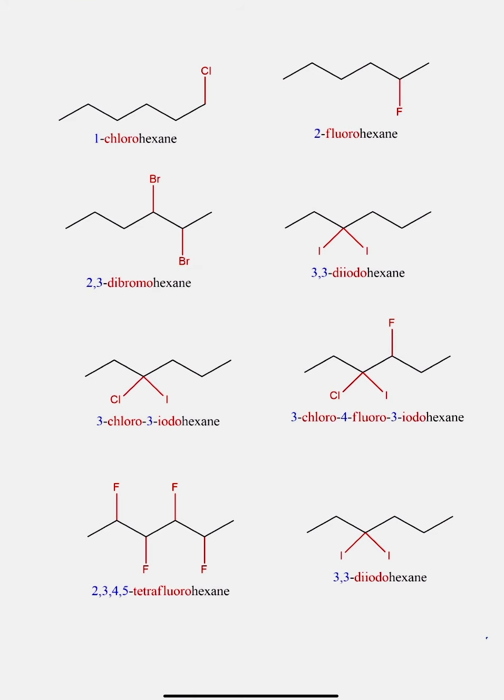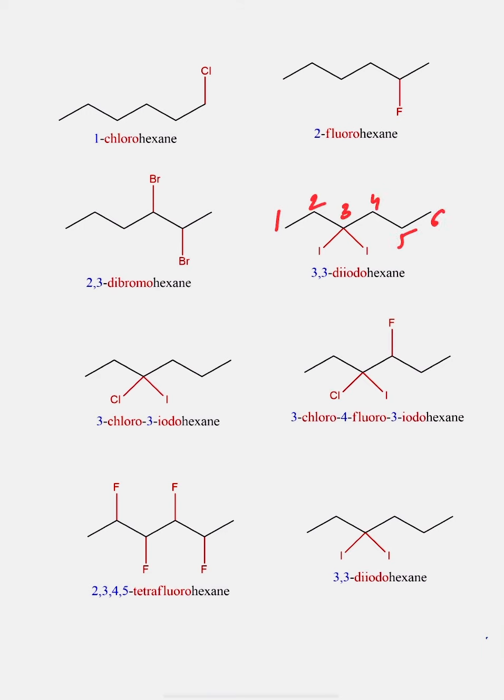What about this? Is numbering from the left more probably right, or the numbering from the right? I think numbering from the left would be right, because iodines are looking more towards left. If you're not sure, you can just check both the ways of numbering, but here I can just guess that numbering from this side is better.